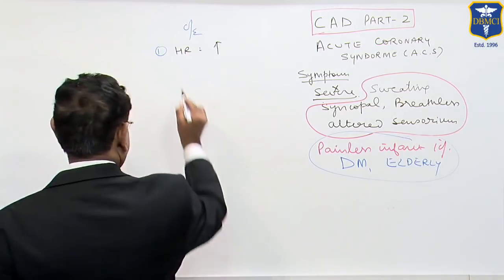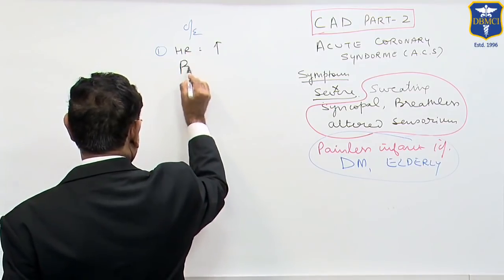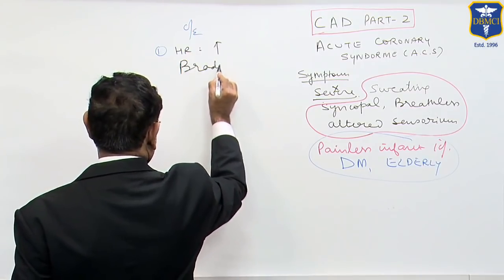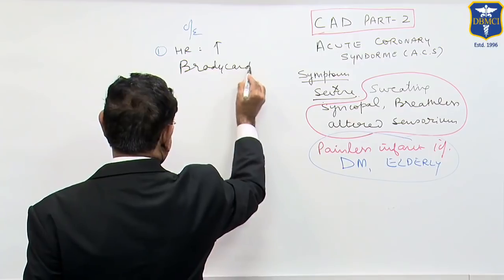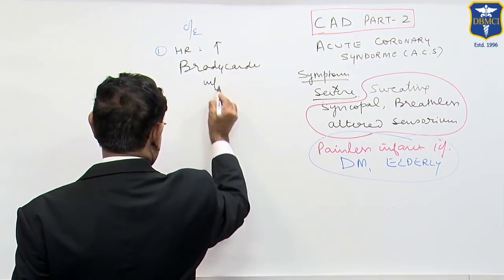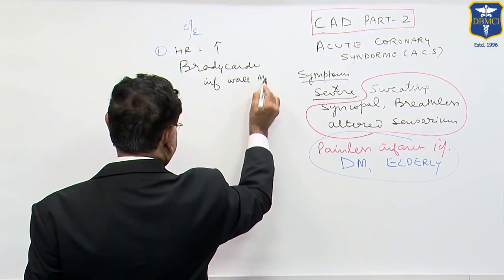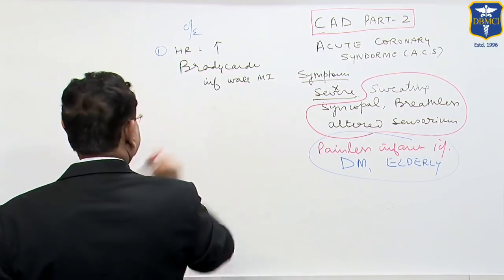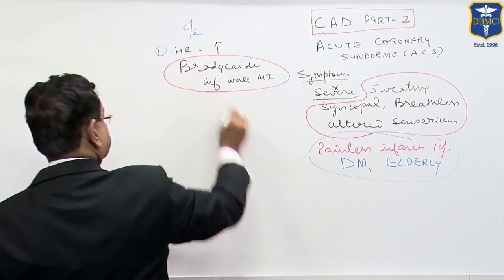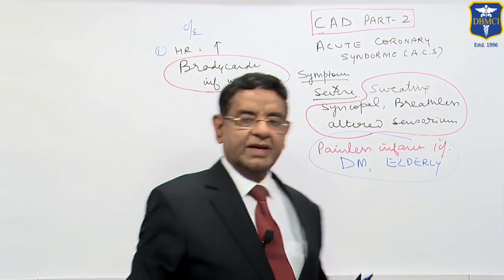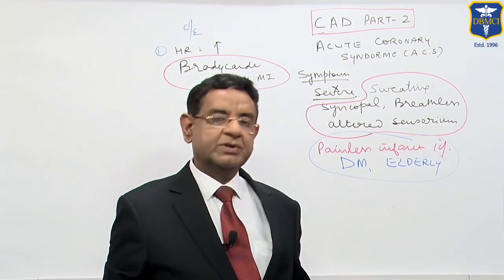But classically, bradycardia is seen in inferior wall MI. Inferior wall MI is a classical feature to remember, bradycardia. And in anterior wall MI, it's usually tachycardia.